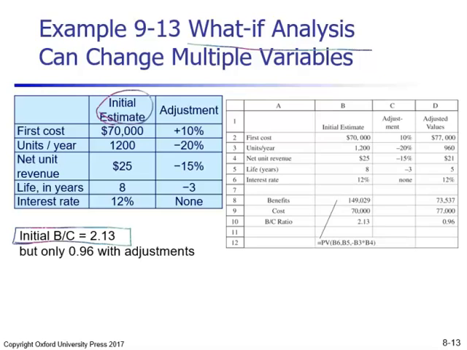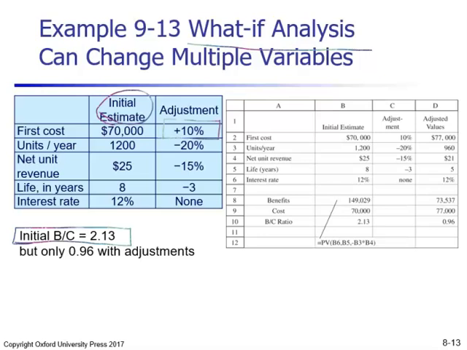So you do that, and in the meeting, you said, oh, the B over C ratio is 2.13, and it seems that this project is perfect, and we need to go for that. Another person in the meeting says that the cost that you have considered is very optimistic. Adjust it by plus 10%.